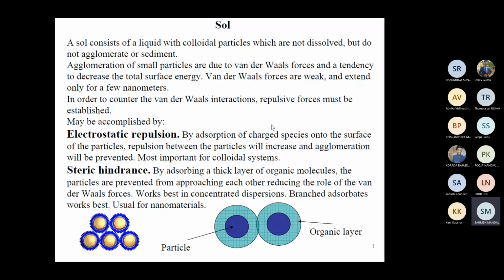The Sol, as a definition, consists of a liquid with colloidal particles which are not dissolved but do not agglomerate or sediment. So it should not be dissolved, and it should not agglomerate or settle. That means it's a colloid. The colloidal phase I already discussed. It depends on the particle size.